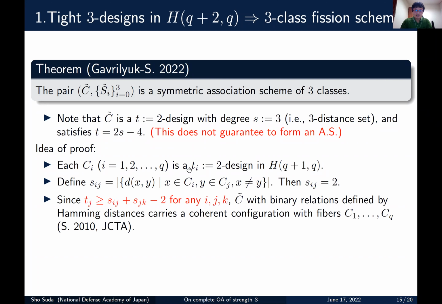In this case, if we set t_i as the strength of C_i, then each t_i and s_ij satisfy this inequality: t_j is at least s_ij plus s_jk minus 2, and both sides are equal to 2. So actually, equality holds in this case, but we have this inequality for any i, j, k.